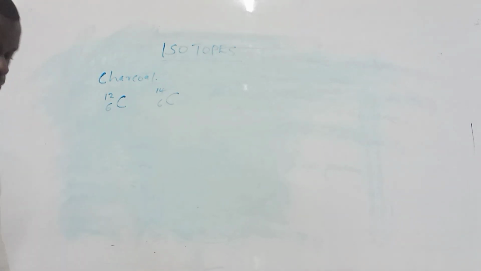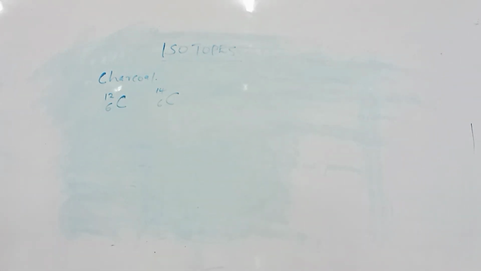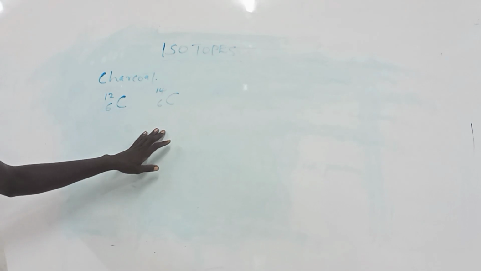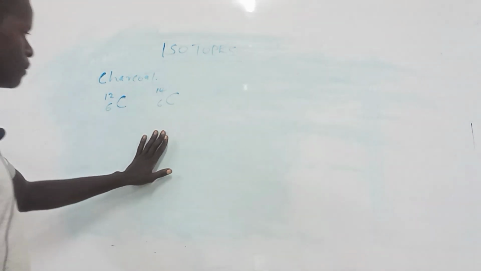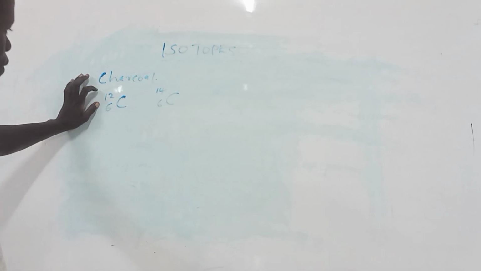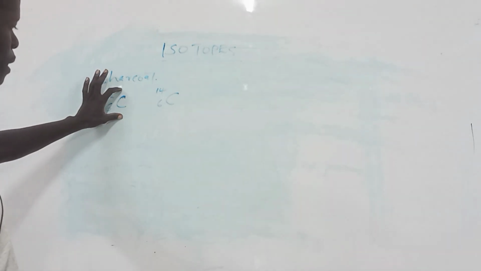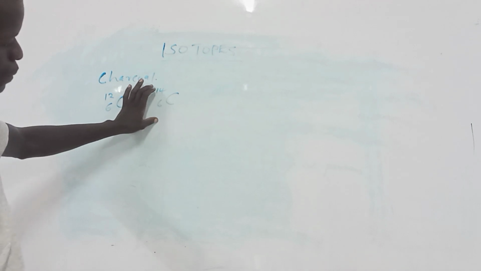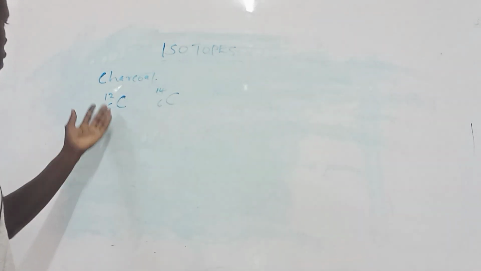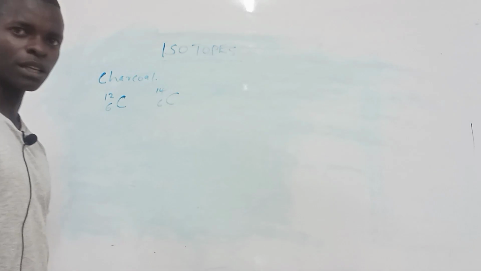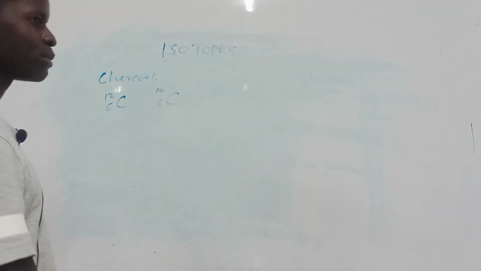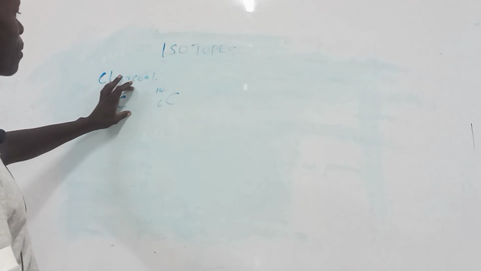So we can see the difference, and we can also draw their structures to see where the difference is. The difference is in mass number. This one has 12, this one has 14. Mass number is the summation of protons and neutrons.